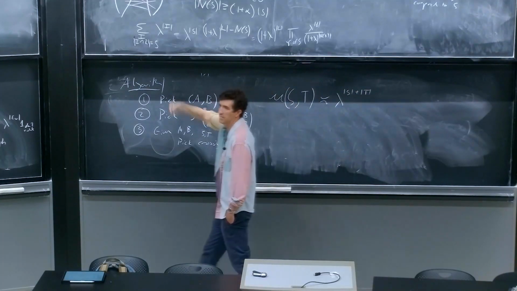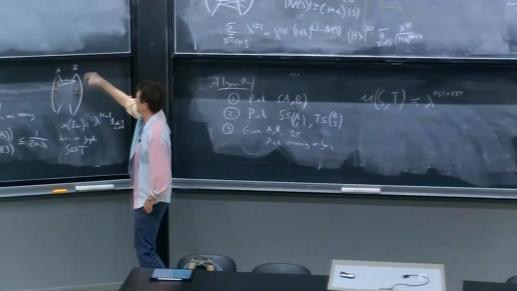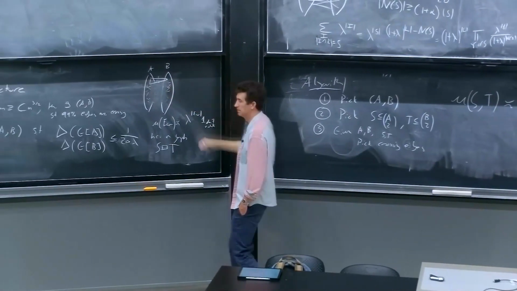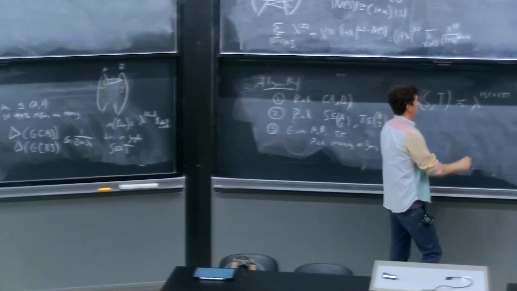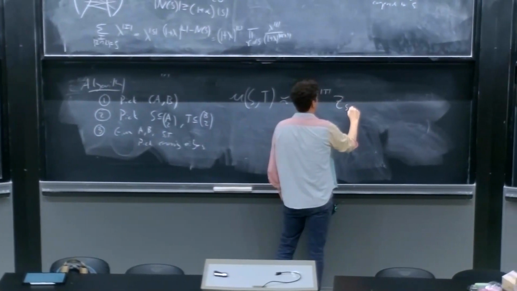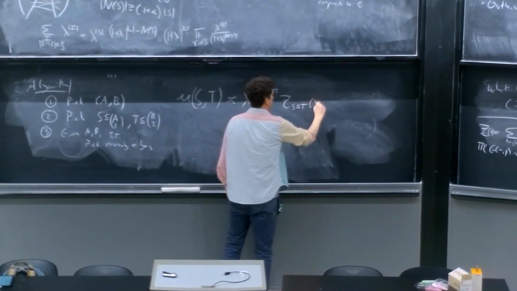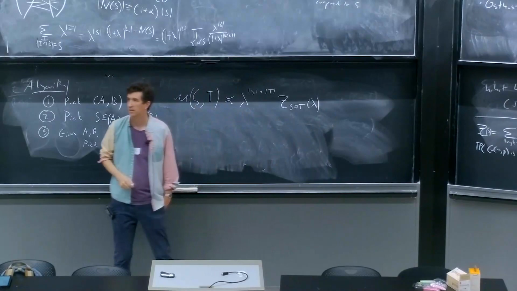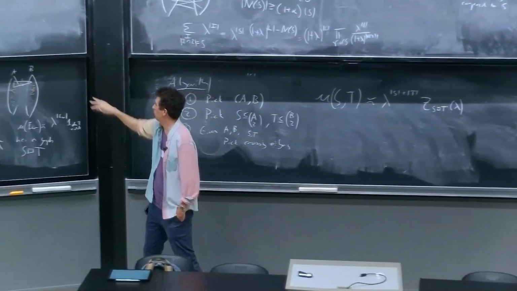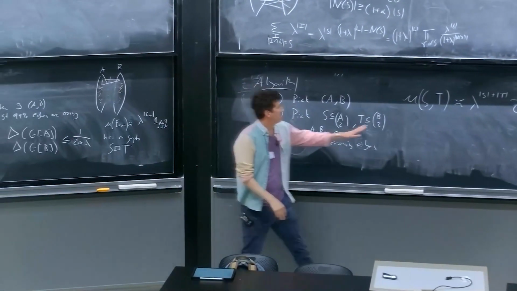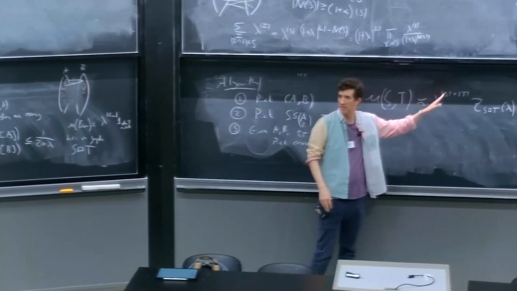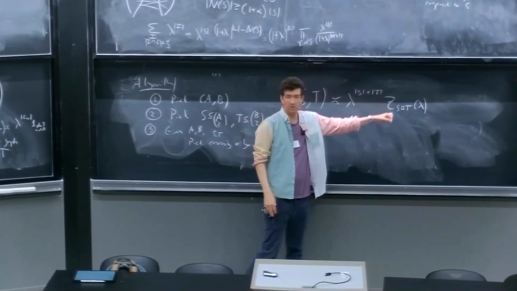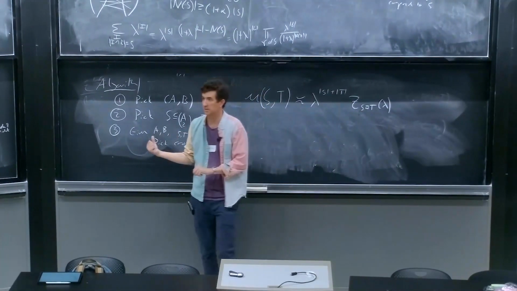You get a lambda for each edge. And then you have to sum over all the ways of putting in the crossing edges. Okay, great. That's the hardcore partition function of S box T. Okay, so the probability you pick the orange edges is some prefactor with the number of edges, and then it's multiplied by this partition function it induces.